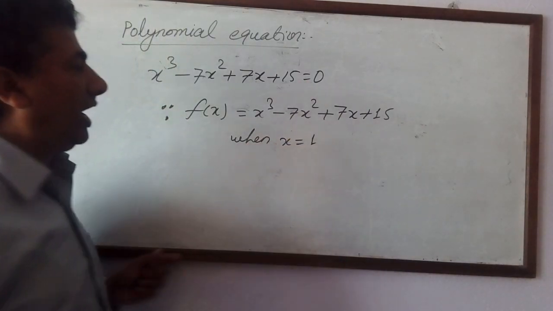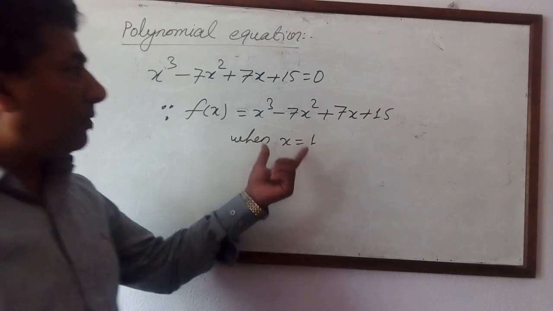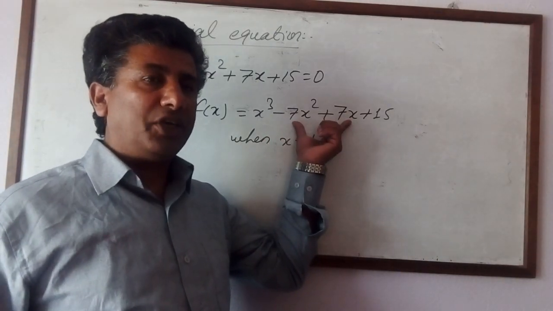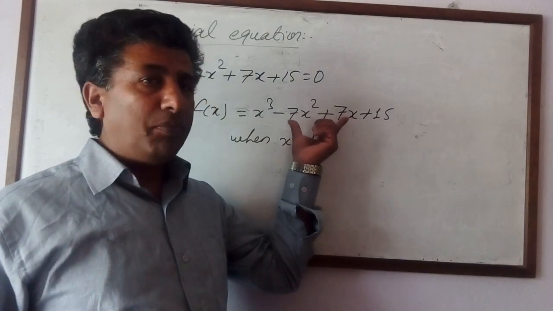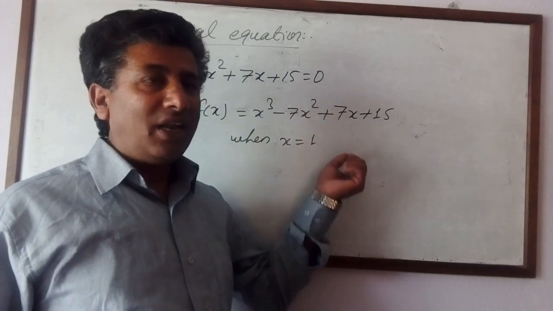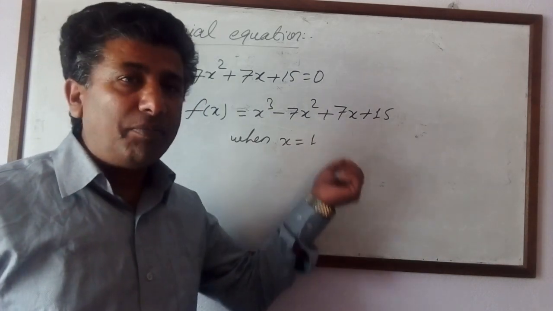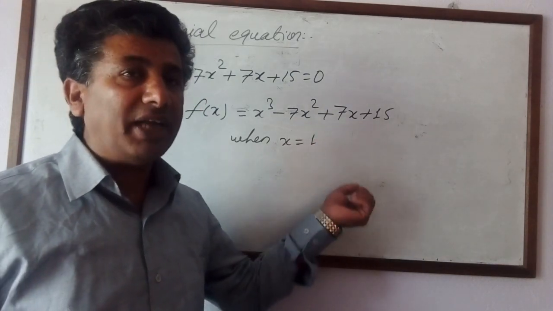Now I have taken x equals 1. It means we are making this polynomial 0. Why? Making the polynomial 0 means we are making the remainder 0. We are finding a factor. We are finding a divisor.